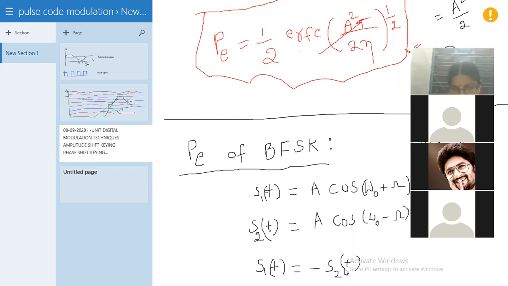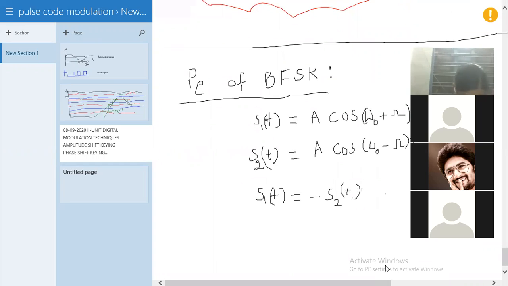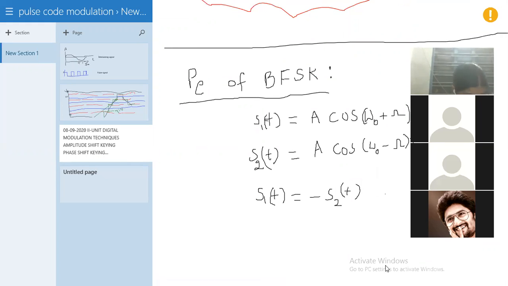In BPSK, S1 of t is equal to minus S2 of t. But in FSK, is S1 of t equal to minus S2 of t? I need an answer from you. Please respond.